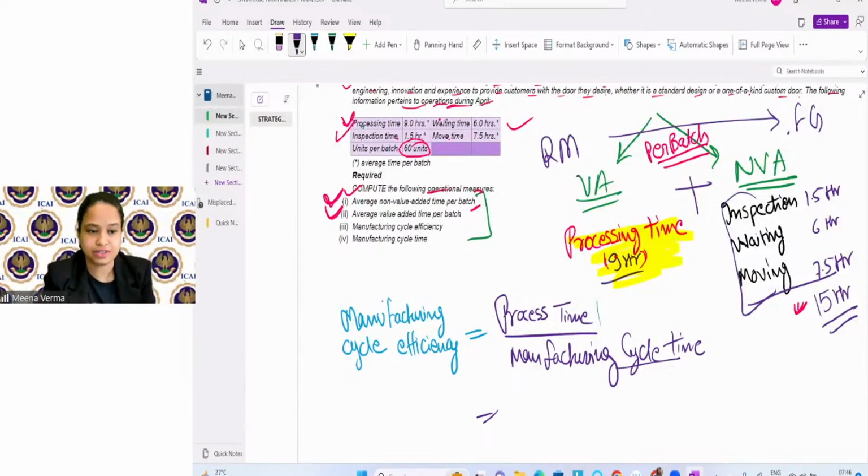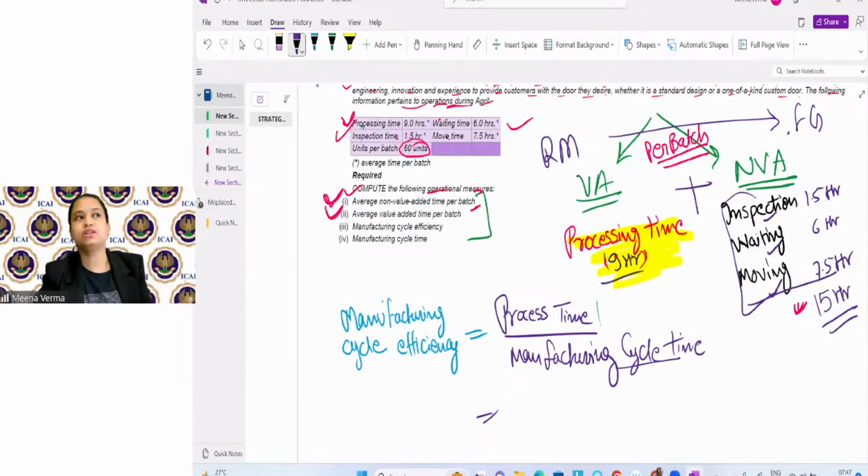Obviously the company is taking time in non-value-added activity also. So inspection, waiting time and moving is all the time which is required during the conversion of raw material into final good. They are inspecting the goods during the manufacturing process. They are waiting for their turn, or receiving the material. They are taking the time for moving the product.